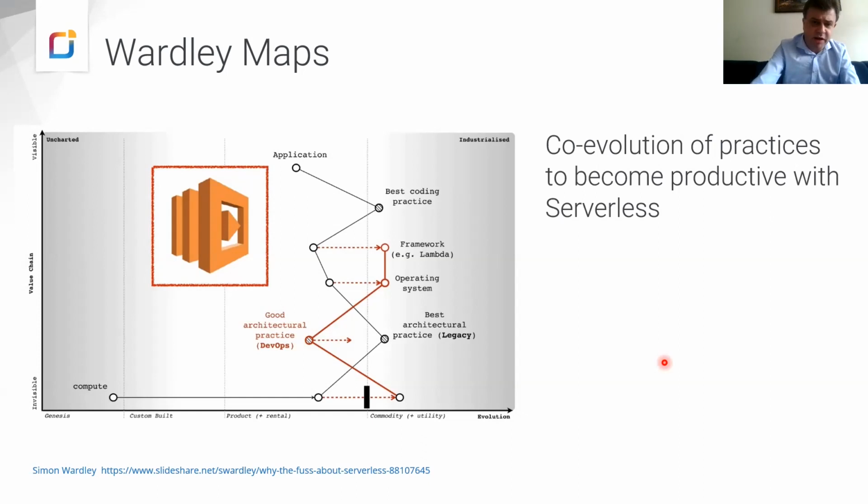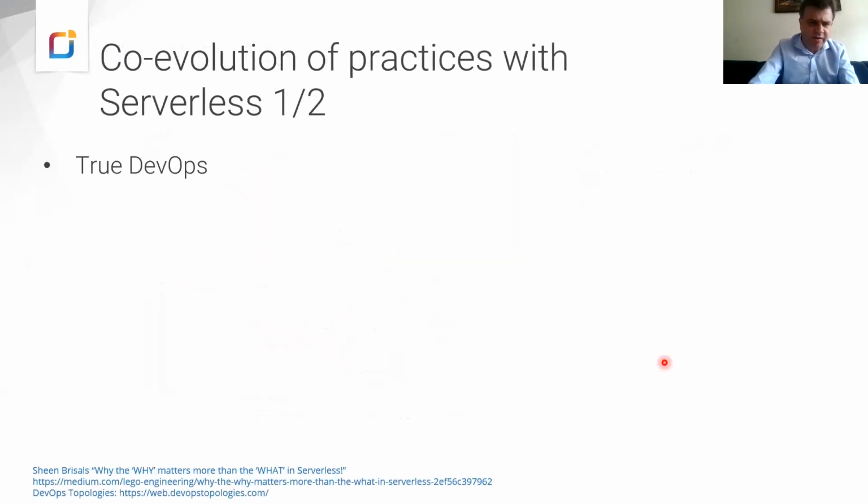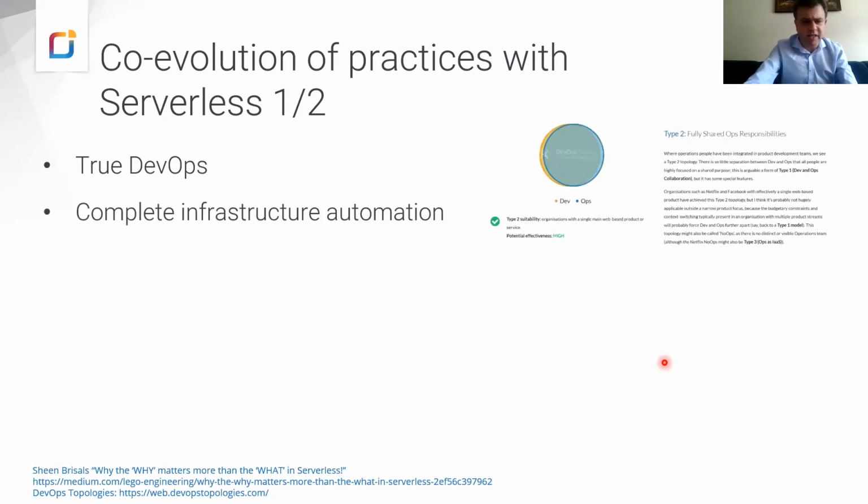The same applies to serverless and all other evolutions. So first of all, in order to be successful, you need to embrace true DevOps. There's also a link about this to DevOps Topologies, which comes from the same people who wrote the book Team Topologies. They describe patterns and anti-patterns of working with dev and ops.